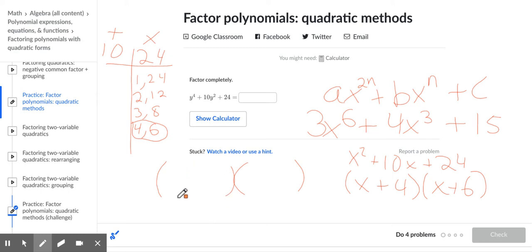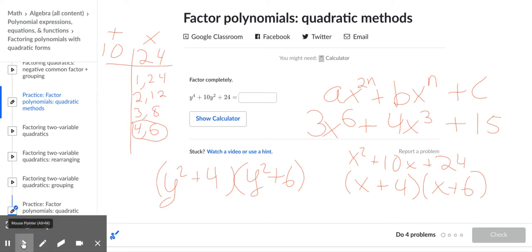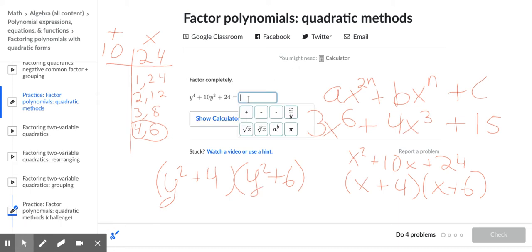So in my actual solution for this, instead of having just y, I'm going to have y squared plus 4. And I'm going to have y squared plus 6. Okay? So I have y squared plus 4, y squared plus 6. Okay? So getting my mouse back.